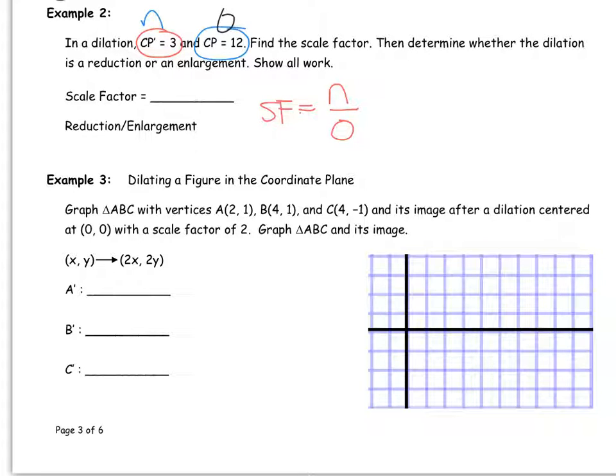If we're looking for a scale factor, we should be setting it up as new over old, or new over original. So our ratio would be 3 over 12, which reduces to 1/4. Because my scale factor is a proper fraction, this has to be a reduction. So that means it shrunk.